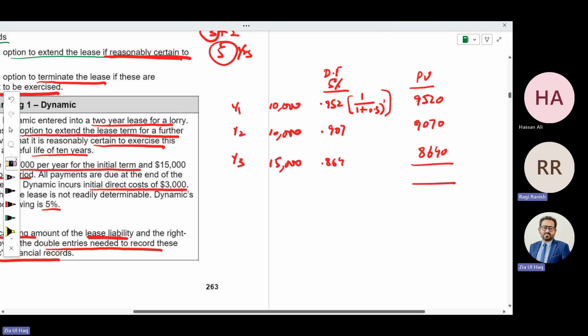Sorry, the last amount is 15,000. 15,000 into 0.864 is 12,960. And what's the total? 31,550. So 31,550 is the present value.